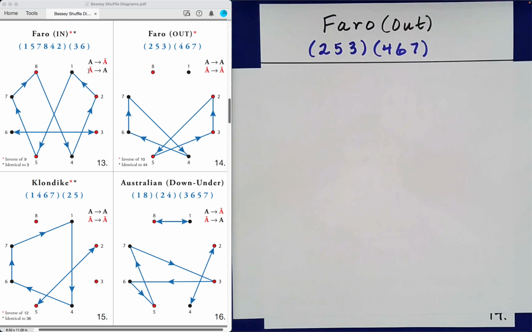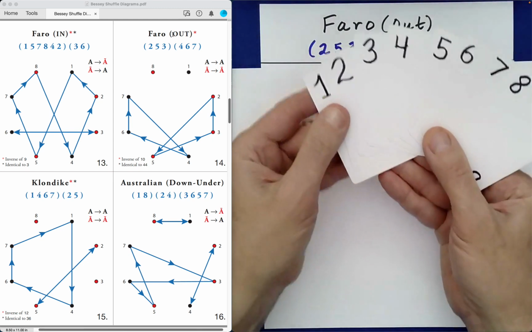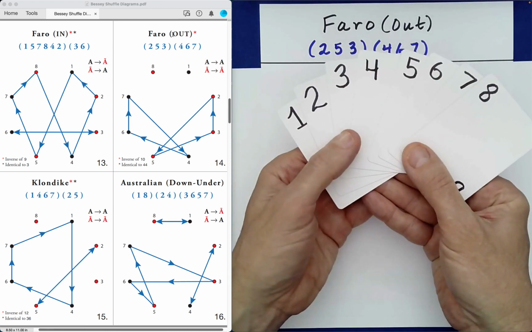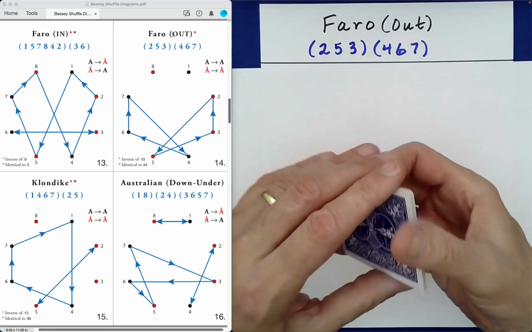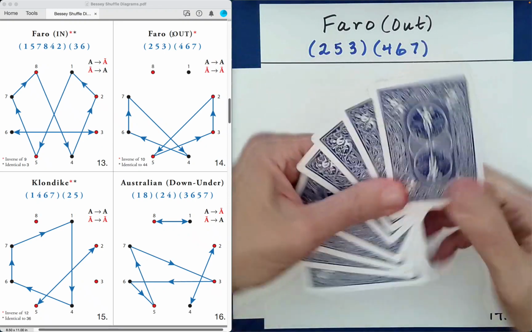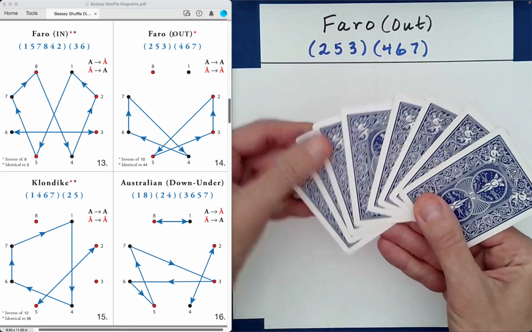Our next shuffle is the Pharaoh out shuffle here, on the top row but on the right side of the displayed diagrams. So as you might guess, this is similar to a Pharaoh in except for one slight modification. What we'll do is we'll begin with an ordered packet of cards 1 through 8. And now what we'll do differently is we will take the bottom 4 cards.